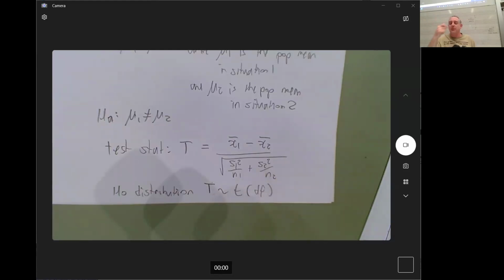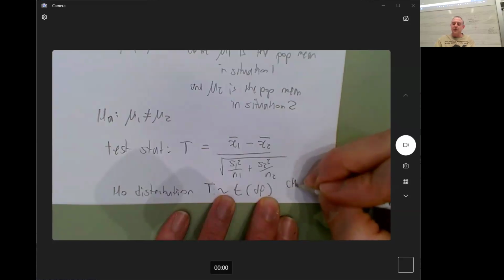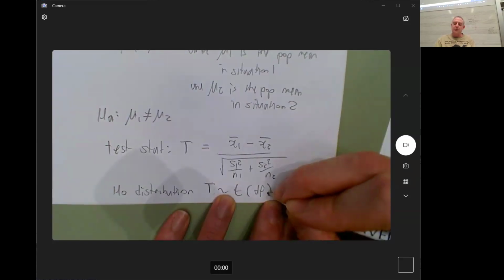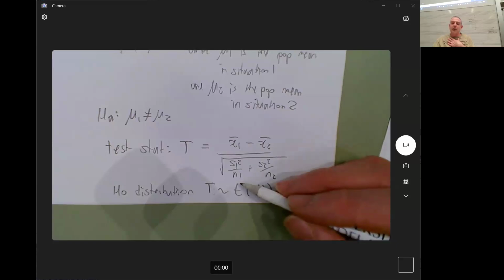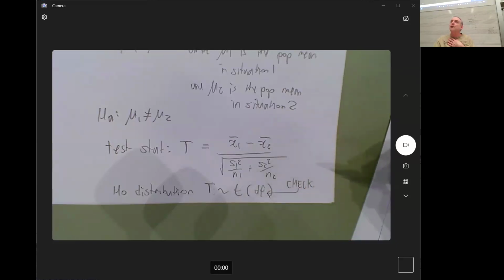But I'd have to check what to write here. You'd have to look it up. It's different in different courses. But I was always taught that if you didn't have the fancy, ridiculous formula that tells you what the degrees of freedom is, then you can say, well, whichever is lower out of n1 minus 1 and n2 minus 1.